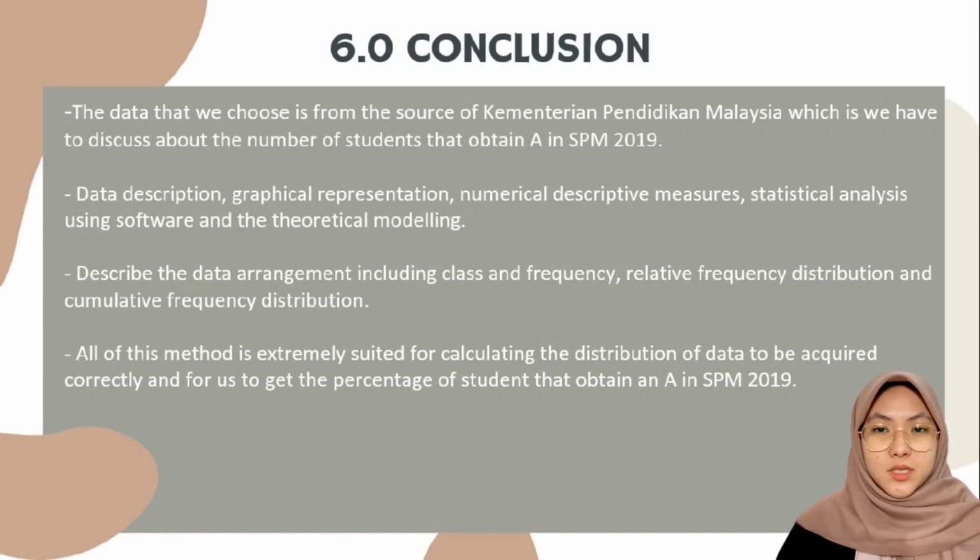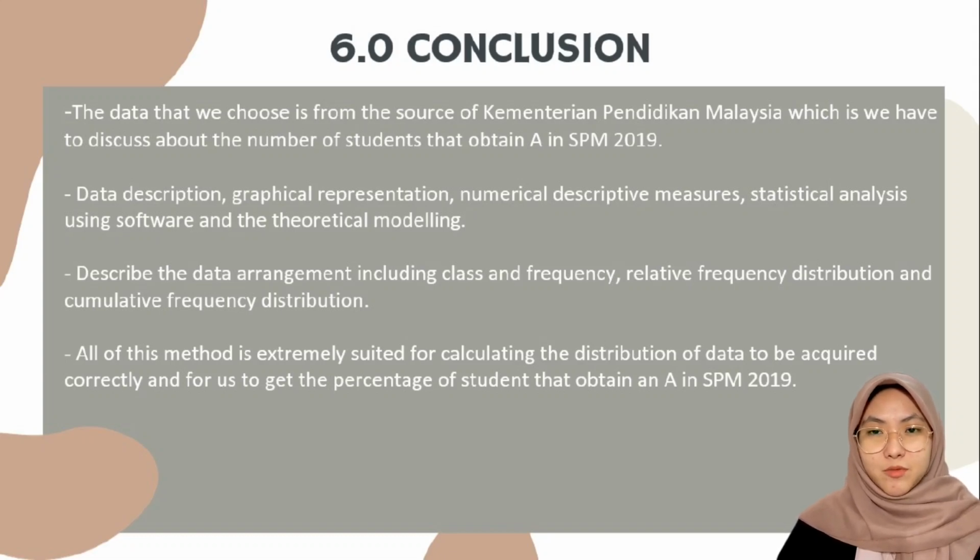We just chose three variables, which are the subject of education, the number of students, and also the students that receive an A in the subject. For this assignment, we have used data description, graphical representation, numerical descriptive measures, statistical analysis using software, and theoretical modeling.